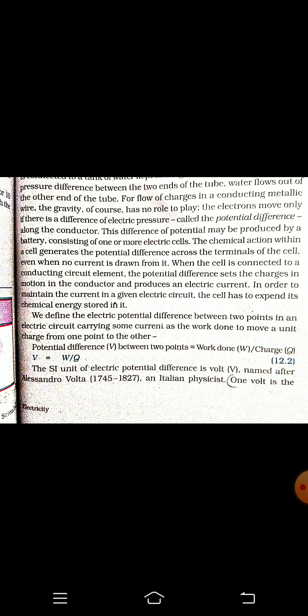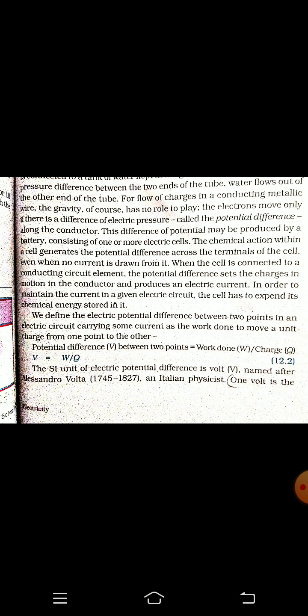In simple words, electric potential difference between two points is the work done to move one charge from one point to another point. Okay, so remember: work done to move a charge from one place to another place.